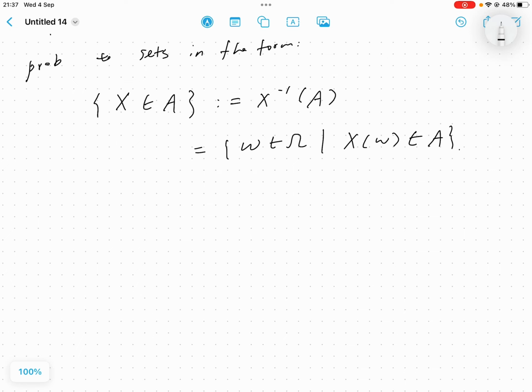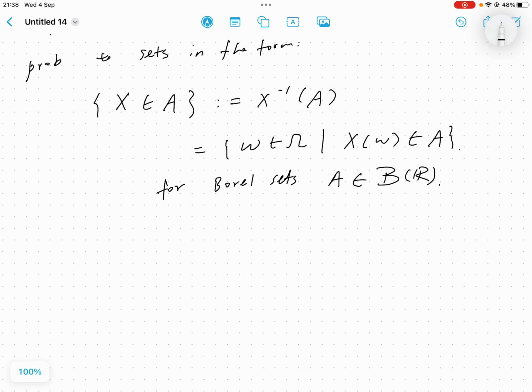And we want to assign the probability to sets of this form, for the Borel sets. So those A's are the Borel sets, and you can check the definition of the Borel sets and the Borel sigma algebra from the previous episode.